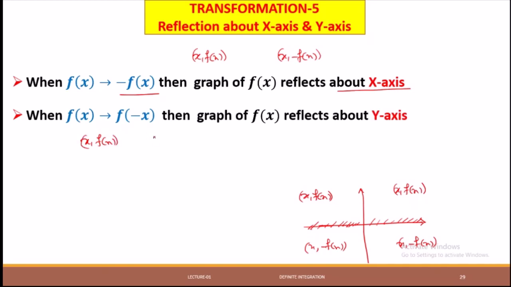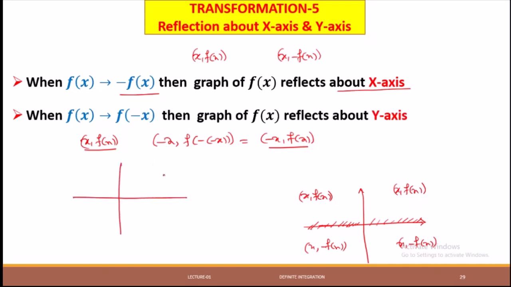Now you have to make the graph with points minus x comma f of minus x. So in the original graph you have the points x comma f of x. Now in the new graph you have the points minus x comma f of x. That means what?